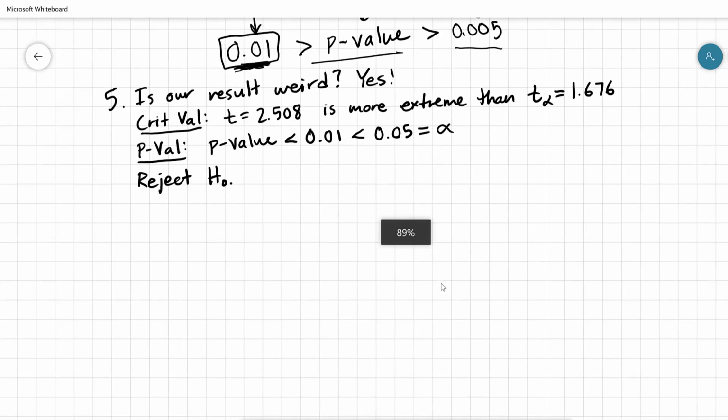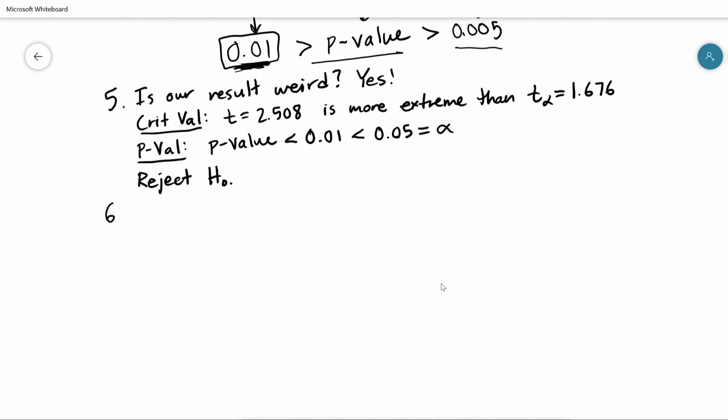So if we think that mu is greater than 5, the average number of dropped calls from this company is greater than 5, what does that mean about their claim? Their claim is false.